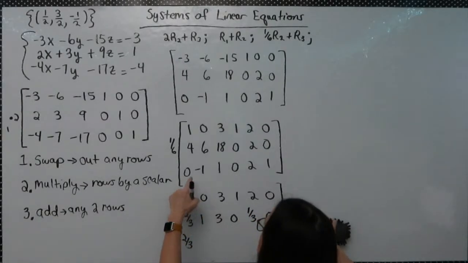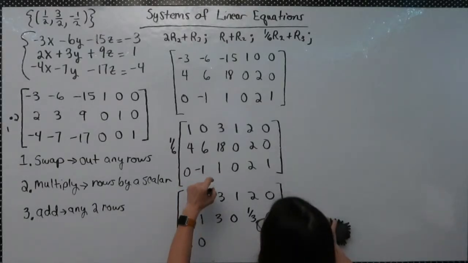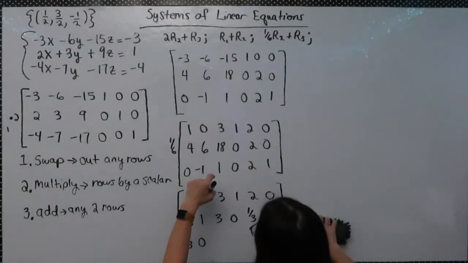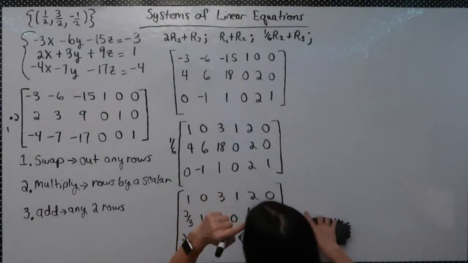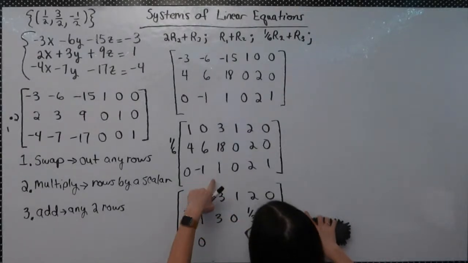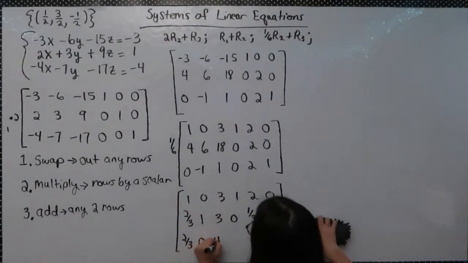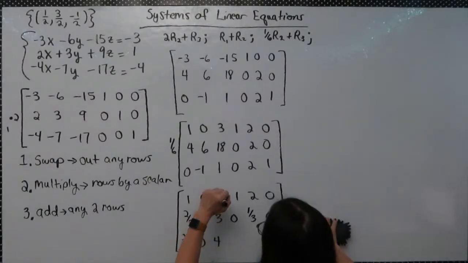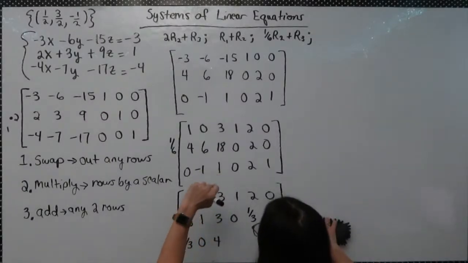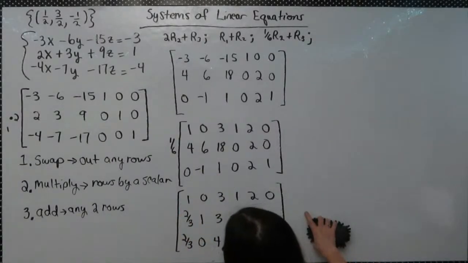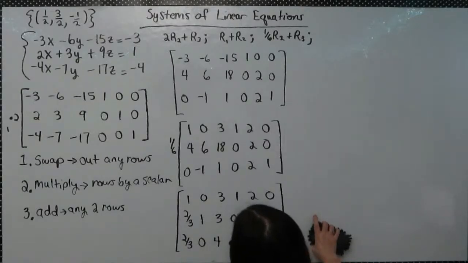And negative 1 plus 1 is 0. 1 plus 3 is 4. Yeah, we're replacing row 3, right?